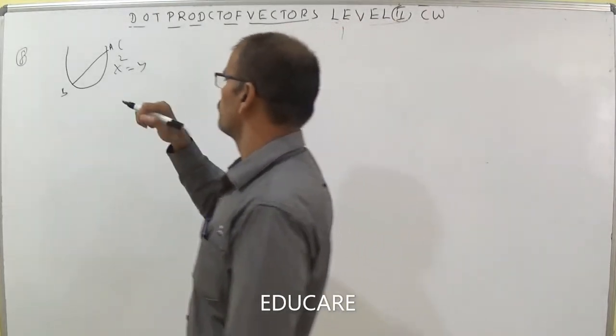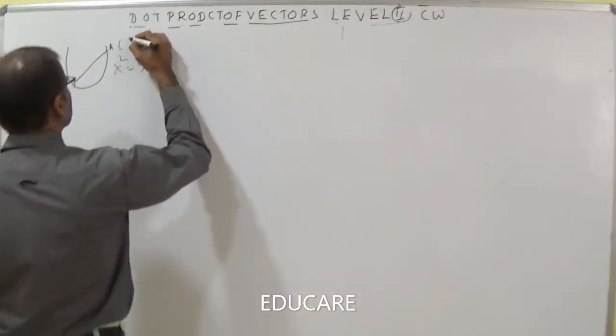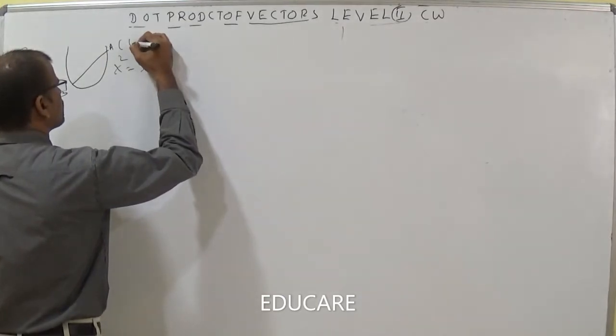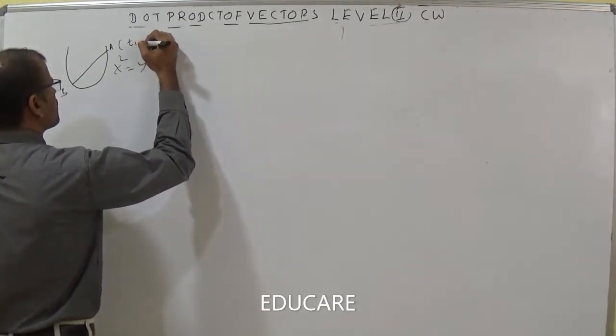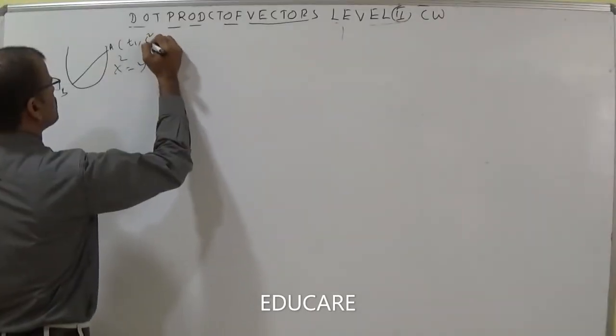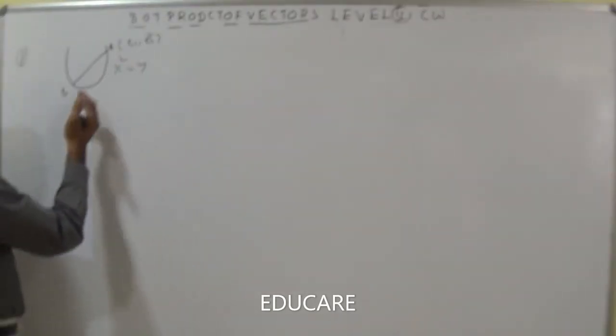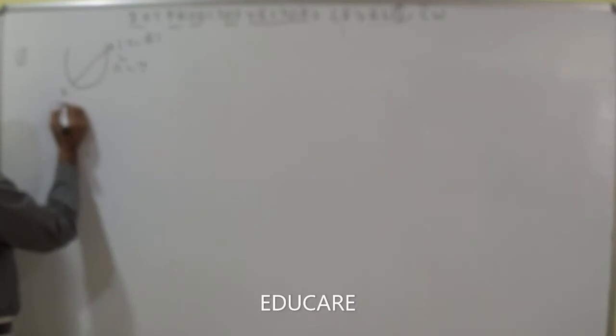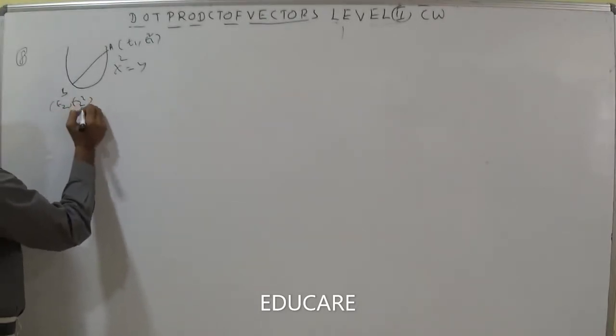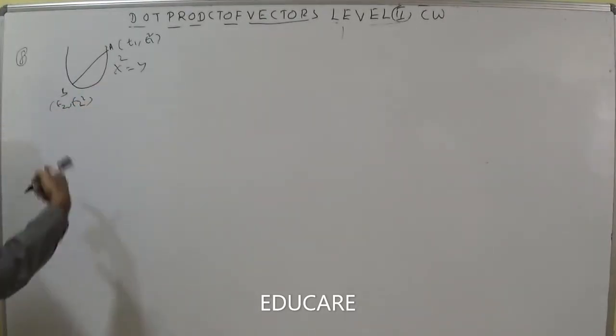Like that we can put parametric points. If 2 points are there, then you can indicate with the letters T1 and T2 separately. If A is equal to T1, you take (T1, T1 square) as the point because y equals x square. So here you write (T2, T2 square).